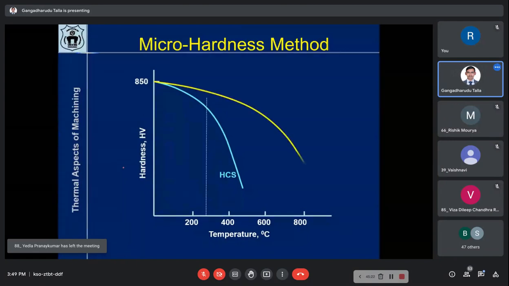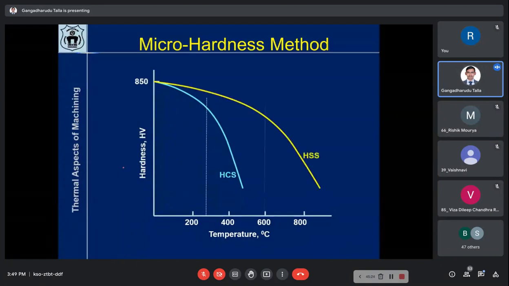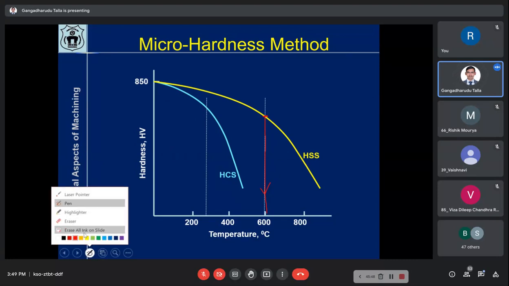Similarly for HSS, this is the hardness that is measured immediately after the experiment. What is the corresponding temperature from the standard graph for HSS of how hardness varies with temperature? That graph we have. Based on that, you can estimate the cutting temperature.